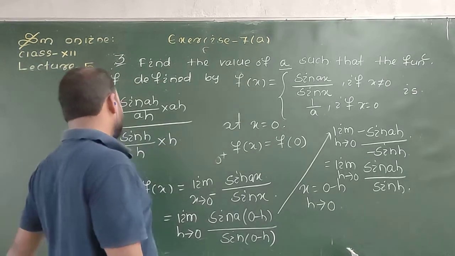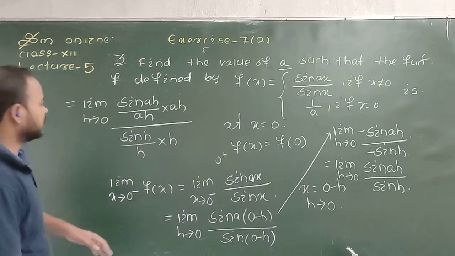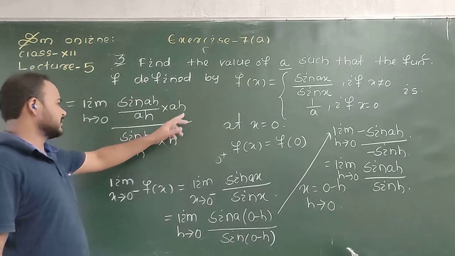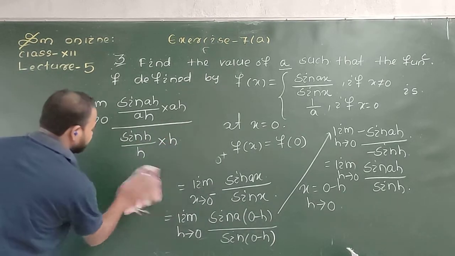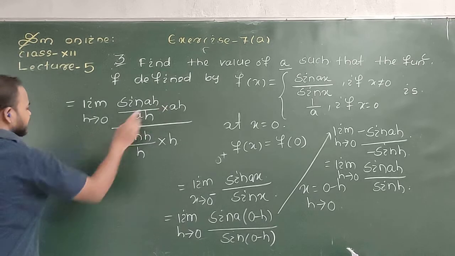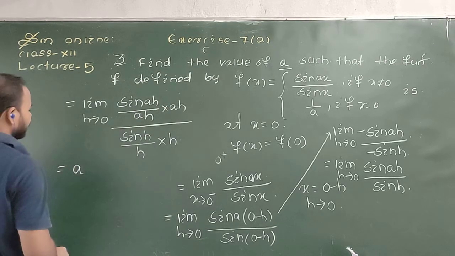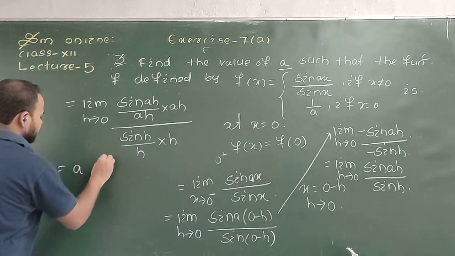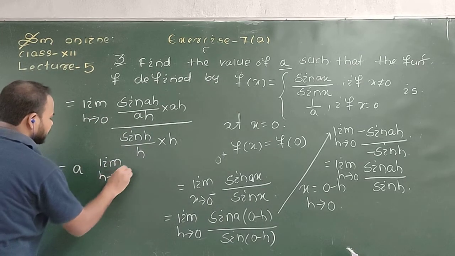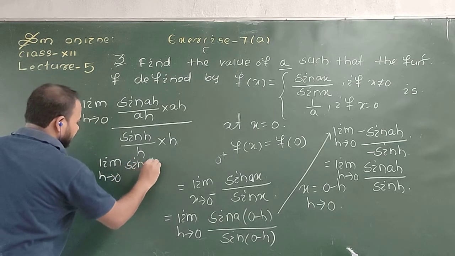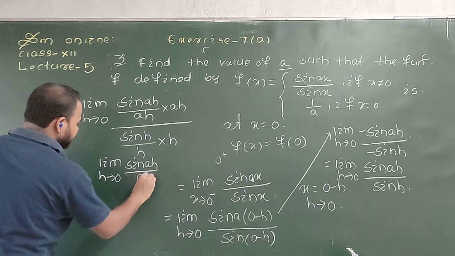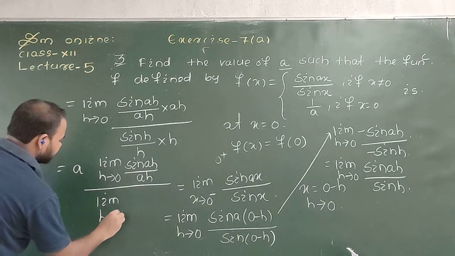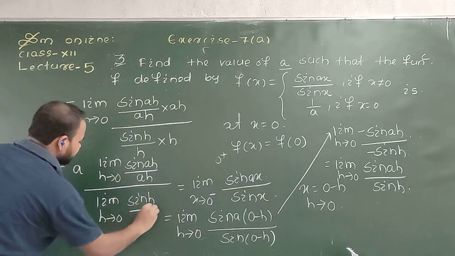Okay, so now this h and this h cancel each other, and a is the constant. Okay, so we write limit h tends to 0 sin ah upon ah, upon limit h tends to 0 sin h upon h.